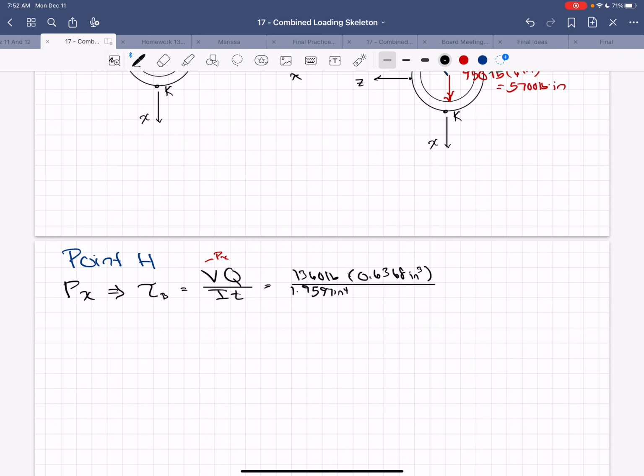It's 2 thicknesses, so we can calculate that either as 2 times the thickness or the outside diameter, 4, minus the inside diameter, 3.834. Those are all inches. And we get 2,662 psi.